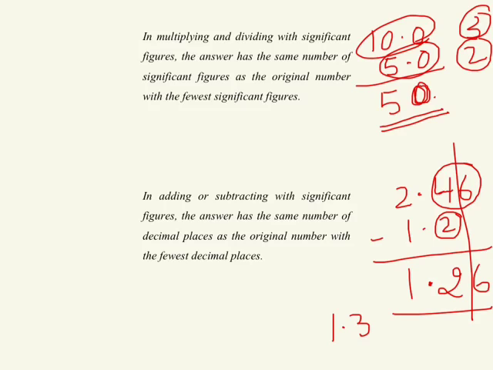Why 1.3? Because if the number here, the one we are ignoring, is 5 or more than 5, then we increment the last number by 1. So that's why it becomes 1.3. And addition and subtraction both follow the same rules.